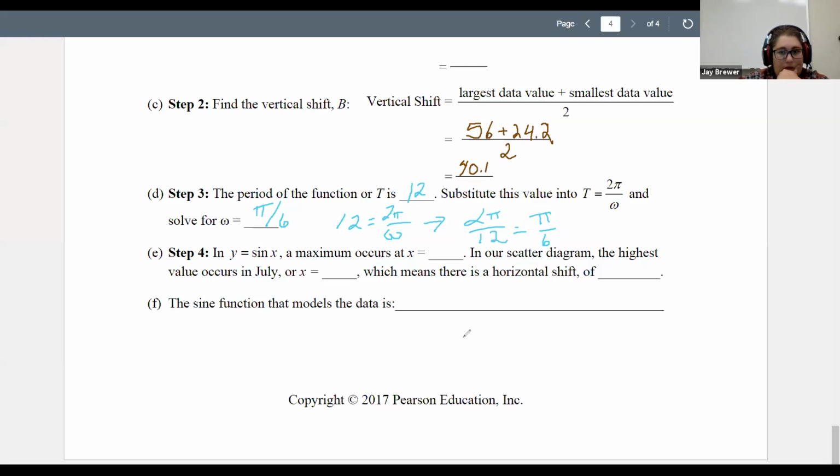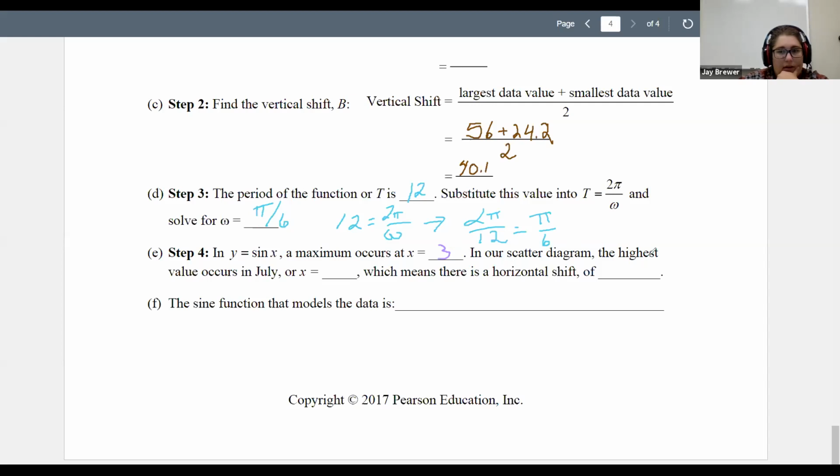Now this part kind of comes from looking at the year, but if we look at the regular sine of x, we have a max at x equals 3.